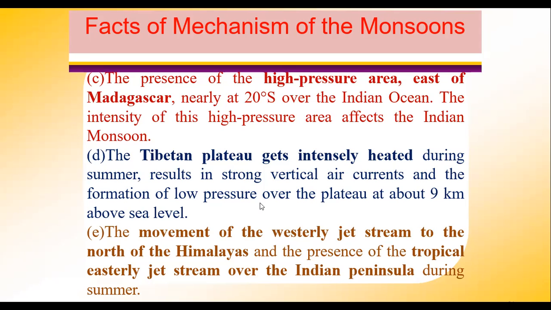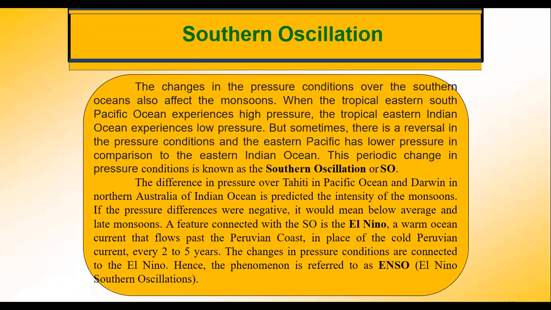Normally, when the tropical eastern South Pacific Ocean experiences high pressure, the tropical eastern Indian Ocean experiences low pressure. But in some years, there is a reversal in the pressure conditions, and the eastern Pacific has lower pressure in comparison to the eastern Indian Ocean.